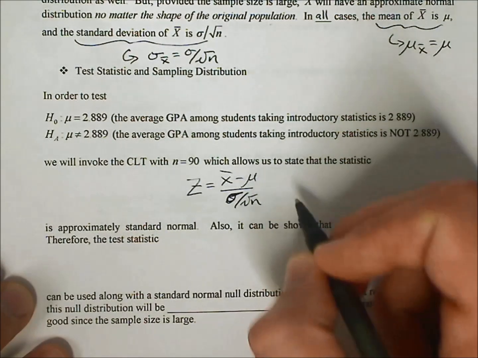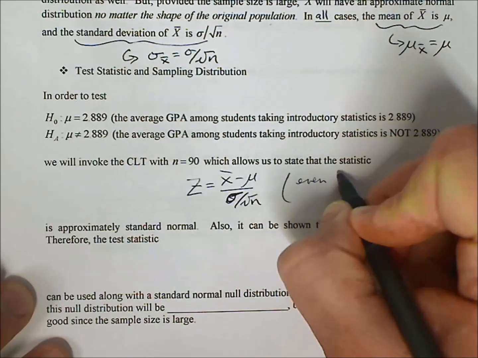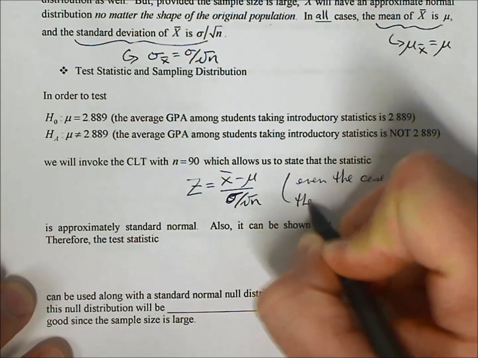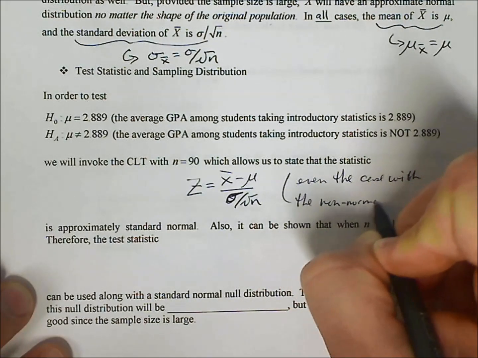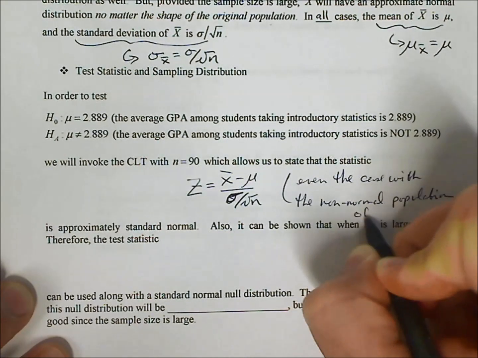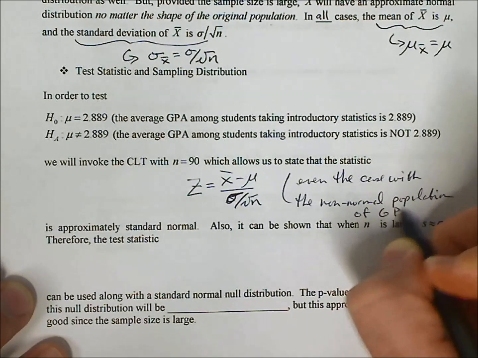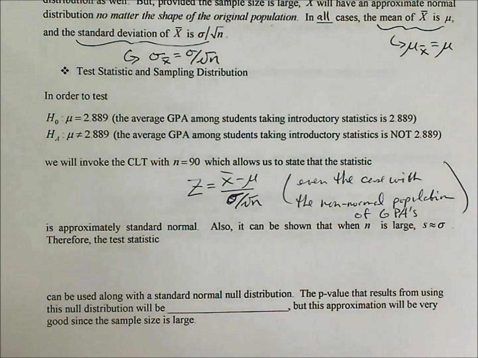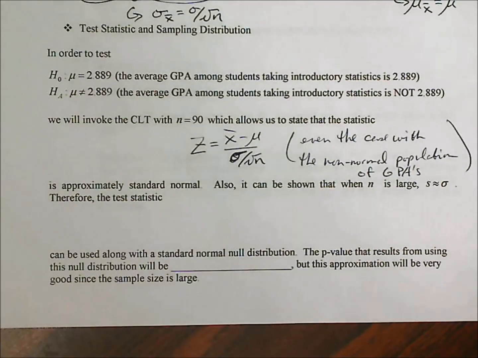And this is even the case with the non-normal population of GPAs. Okay, and that's the power of the central limit theorem. It says that you can sample from whatever population that you're interested in, provided your sample size is large enough, x bar is approximately normal. All right, so even that's a powerful result for us.